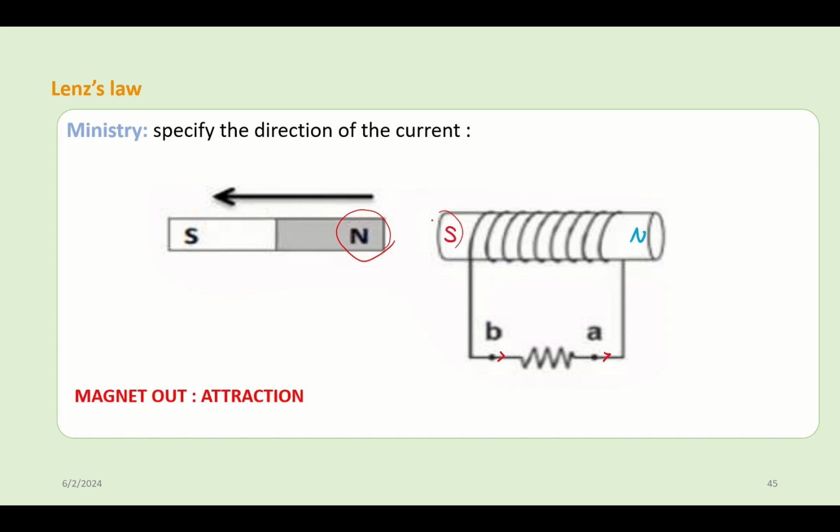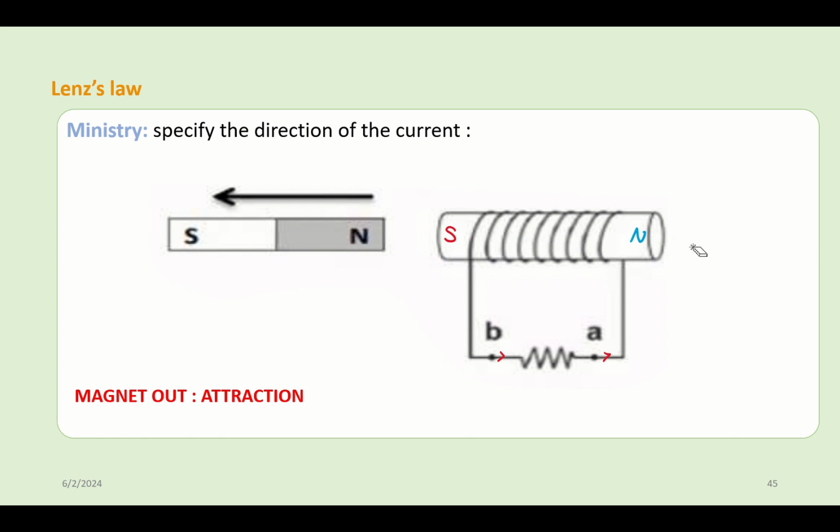So we will have a south pole here and another north pole on the farthest side. So the direction of the magnetic field will be like this, out of north and into south, but inside, it will be from south to north. So it would be in the same direction as the original one.